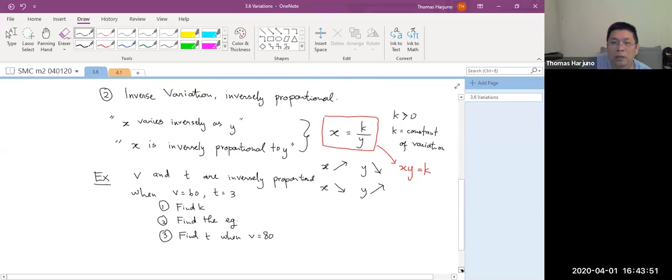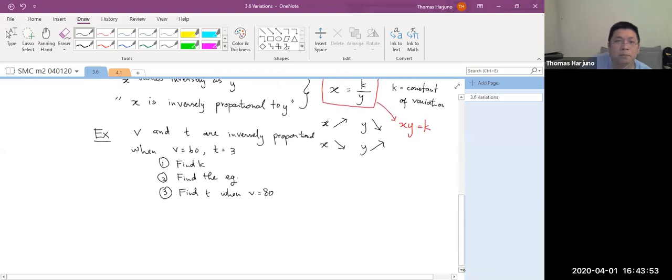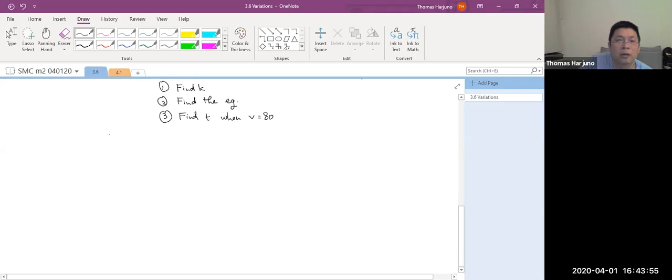Let's go up. In the first part, v equals 60, t equals 3, and because they are inversely proportional, v equals k over t. 60 equals k over 3.